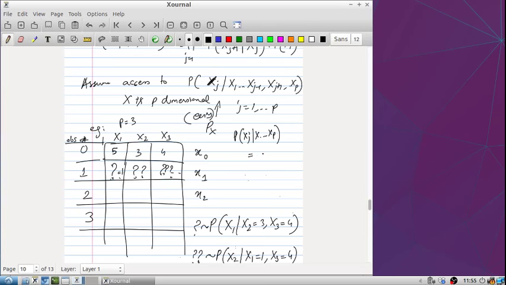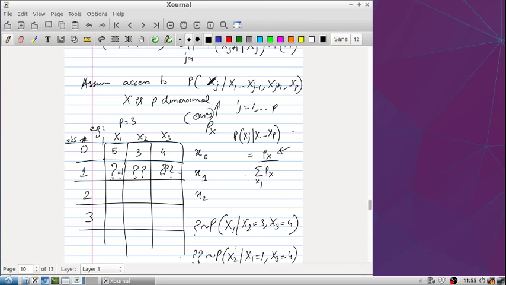It's just going to be the joint, which is P of x, divided by the marginal, where you sum over xj, the jth coordinate, of P of x. Remember, the conditional of a given b is P of a comma b, the numerator, divided by the sum over a of P of a comma b.